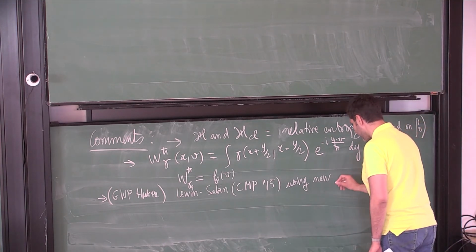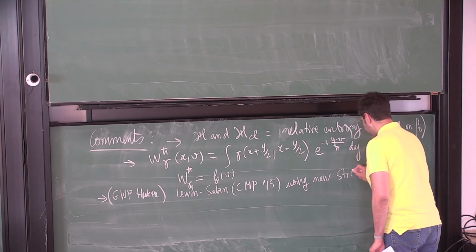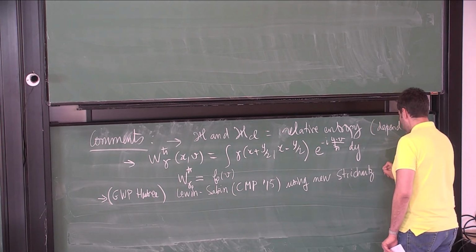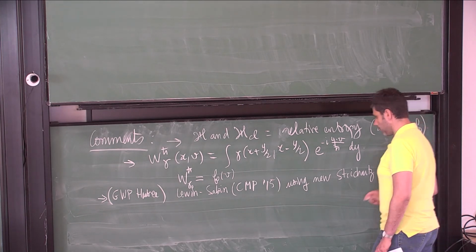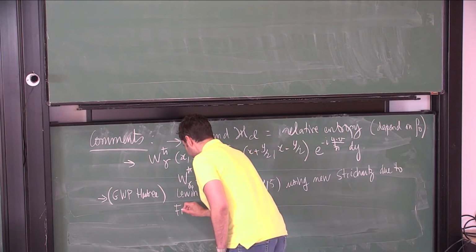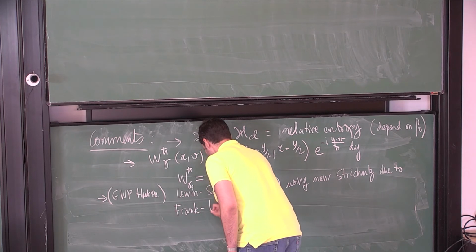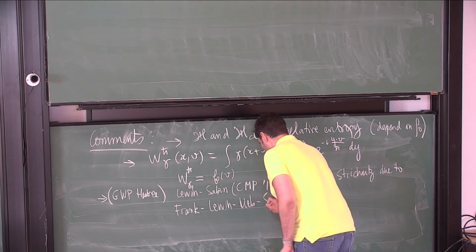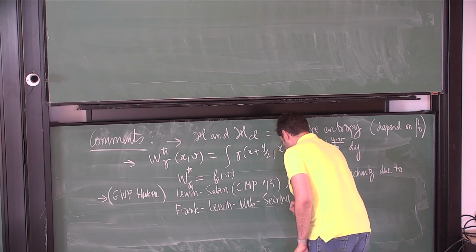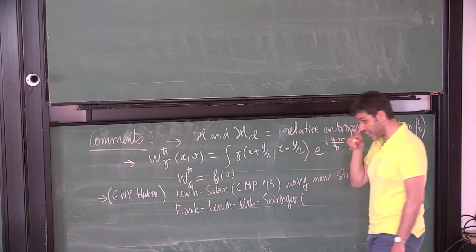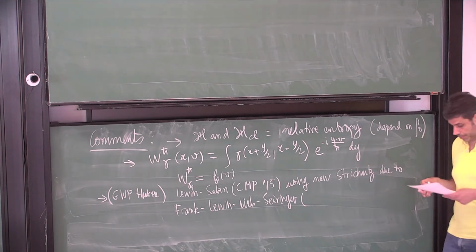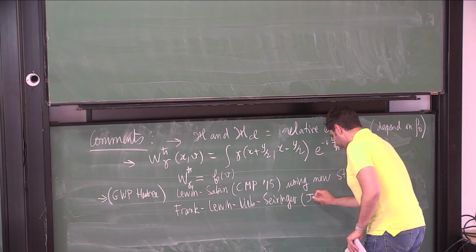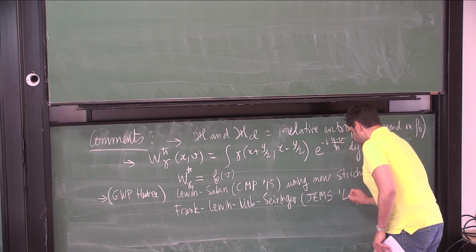A few years back, new Strichartz estimates due to Frank, myself, Philippe, and Robert Seiringer. Actually, our motivation for the Strichartz estimates was because of this problem, which is James 2014.